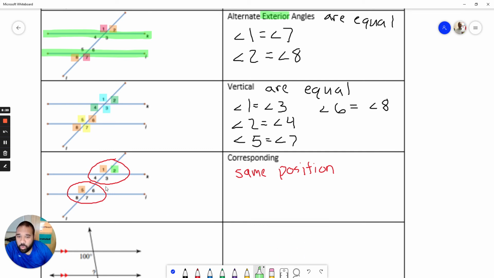We have angle 2 and angle 6. We have angle 4 and angle 8. And lastly, we have angle 3 and angle 7. These angles are in the same position and they are equal.